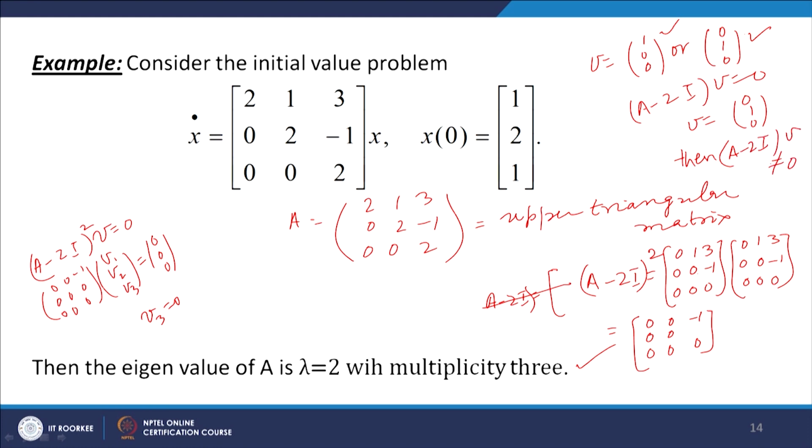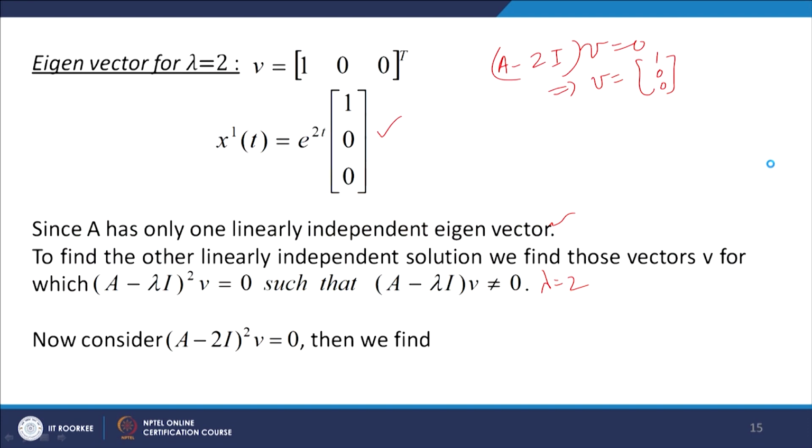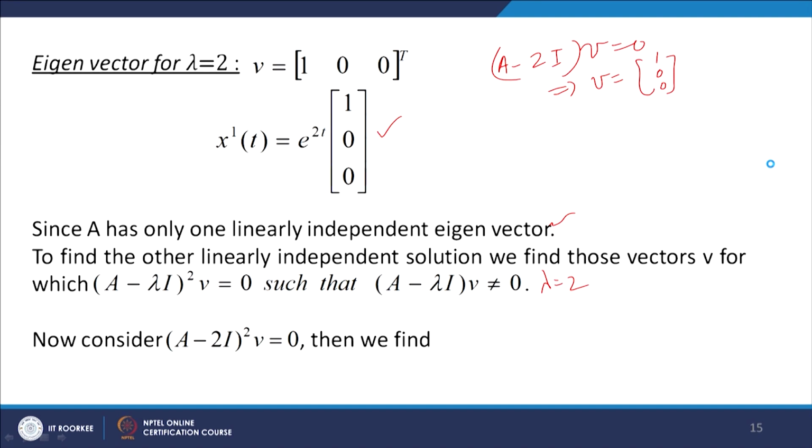So, we can consider this vector, and then x2(t) will be equal to e to the power 2t into B, where B is 0 1 0, so e to the power 2t and then e to the power (A minus 2I)t, 0 1 0.